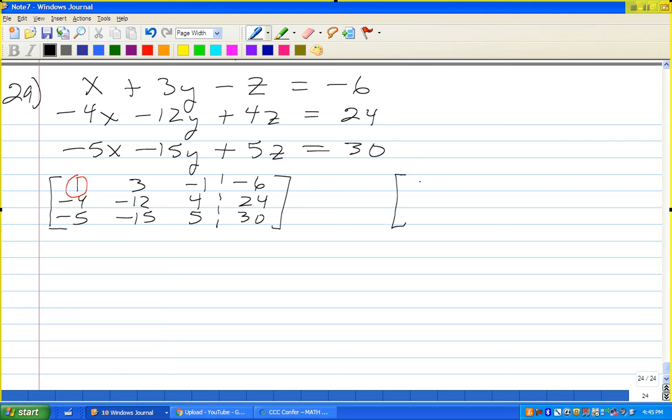So this is just 1, 3, negative 1, negative 6. Okay, so let me multiply the first row by 4 and add to the second row to get a new second row.